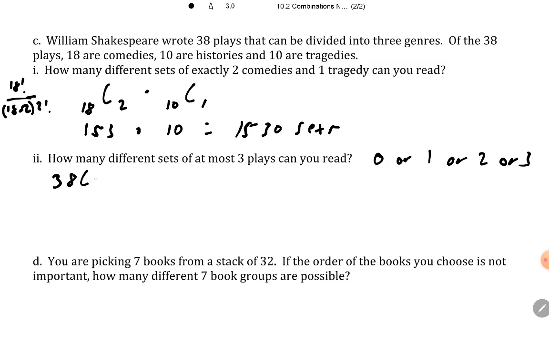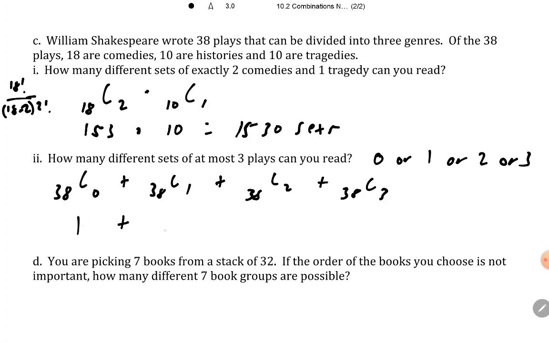So we're going to take 38 choose 0, plus 38 choose 1, plus the number of combinations for choosing 2, and plus the number of combinations for choosing 3 plays.